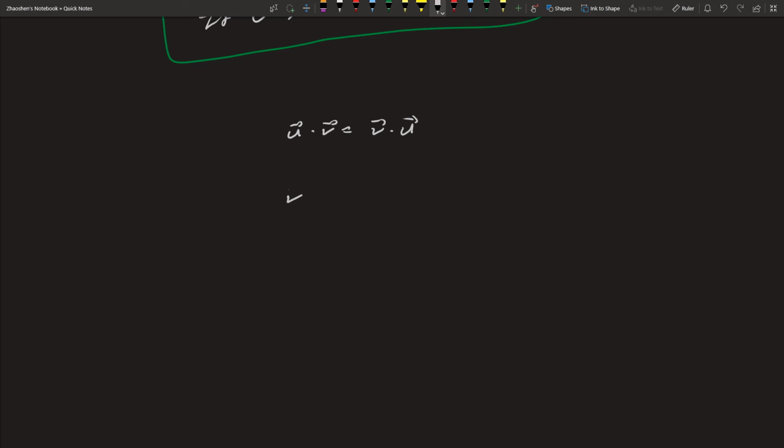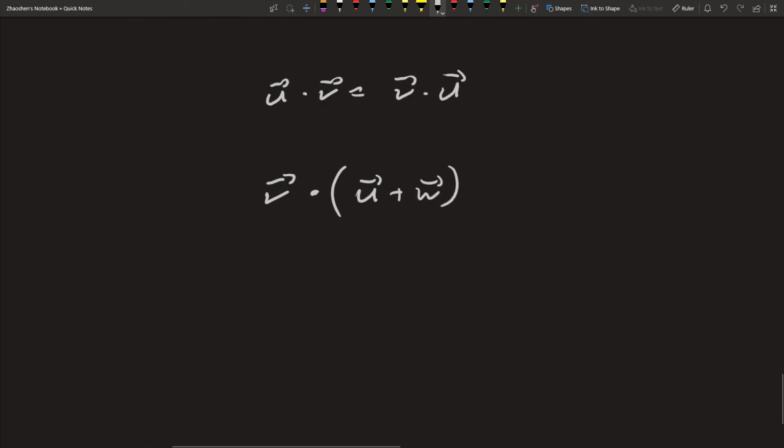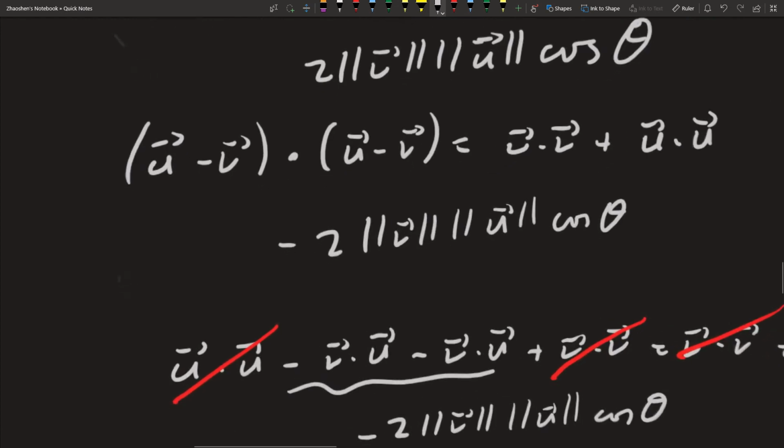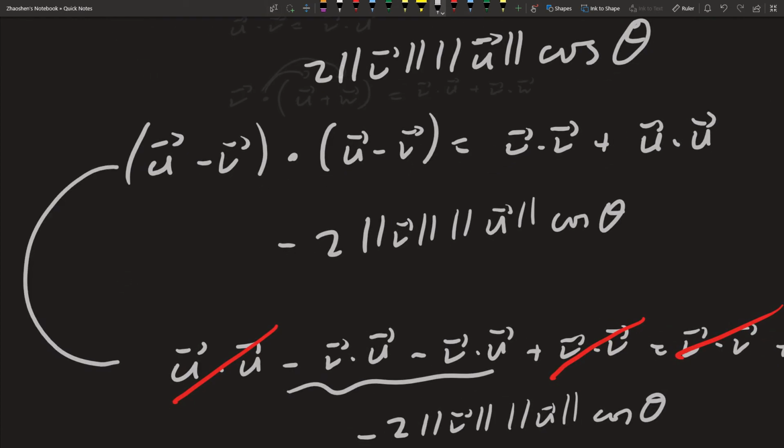If we have v dot (u plus w), that means you can distribute this dot over addition. This is the addition over here. That means this will be equal to v dot u plus v dot w, right? I kind of used that property here when I got from this step to this step.